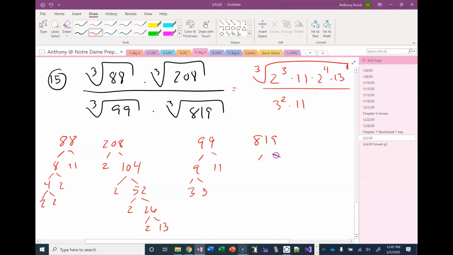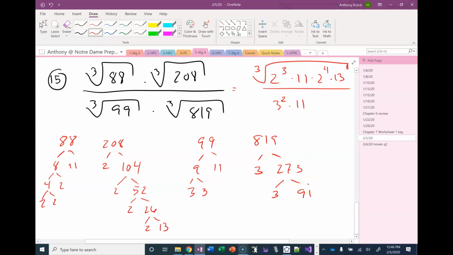Then 819. Two doesn't work because it's odd. But if you look at the digits, 8 plus 1 plus 9 is 18. And 18 is divisible by 3, so I know 3 is going to work. It's actually 3 and 273. And again, if I look at the digits, 2 plus 7 plus 3 is 12.